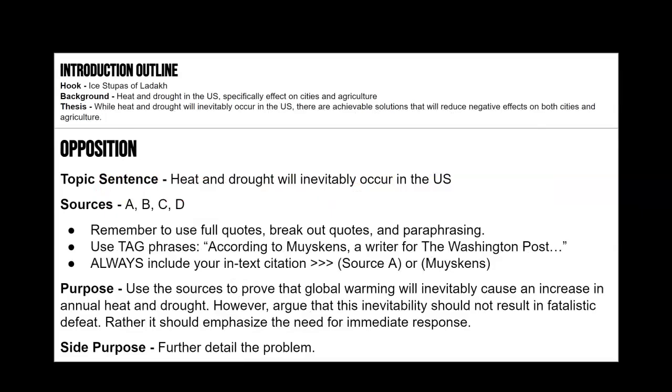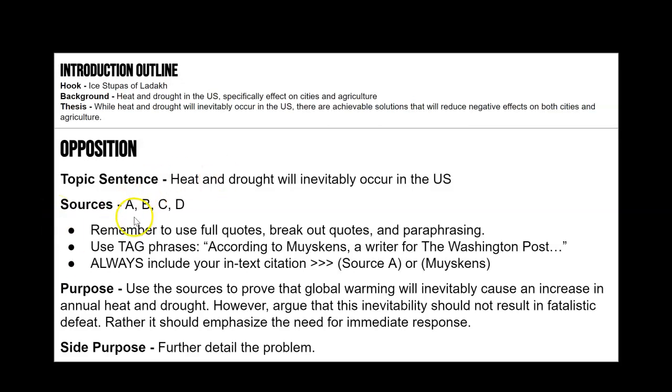What you'll notice here is this not only goes into the idea that heat and drought will inevitably occur in the US, but it also has a side purpose of further detailing the problem, the fact that this is going to cost us a lot of money and create a lot of damage. That gives my opposition a little more purpose than just proving that heat and drought will inevitably occur.